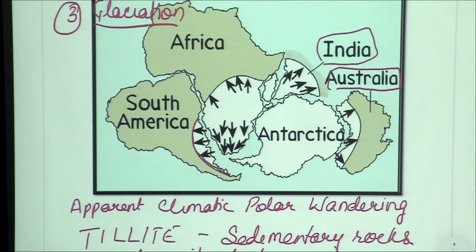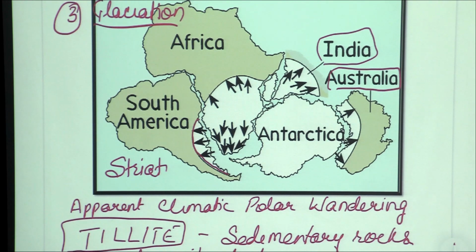This is proved not just by the deposits of tillites, the sedimentary rocks deposited as glacial deposits, but also by what are called striation marks. Striation marks can be seen as the movement of arrows in this diagram. Movement of glacier demarcates the point of scooping, the plucking effect that generates the evidence of its movement.